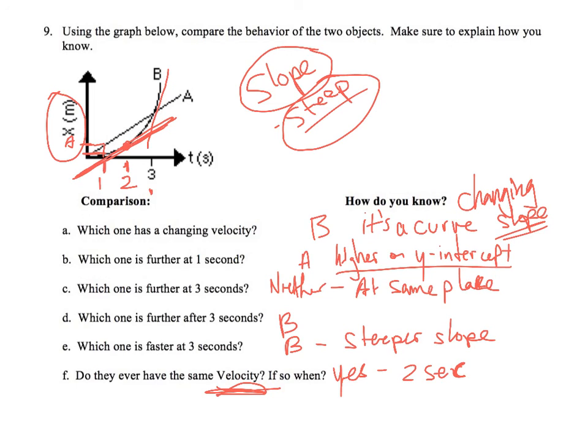What you're going to have to do for the test, you are going to have to be able to look at graphs like these and interpret them. You're going to have to be able to tell what kind of motion is happening, what direction objects are traveling. So maybe you're going to want to look back at some of the videos that I've posted up to this point. But the test will be all multiple choice, and it will be a Google form.